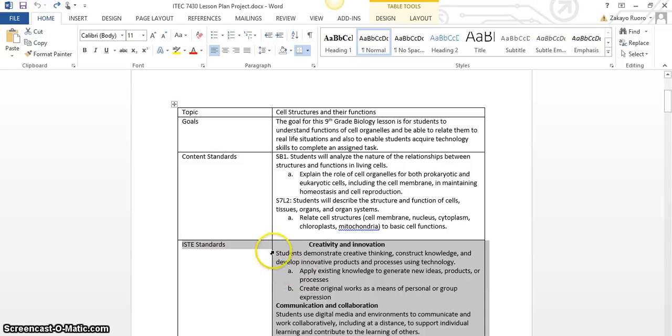And then I also allowed those who were not conversant with the technology and had challenges to not necessarily create a poster using the technology, although I gave them some chance to expose themselves to it.